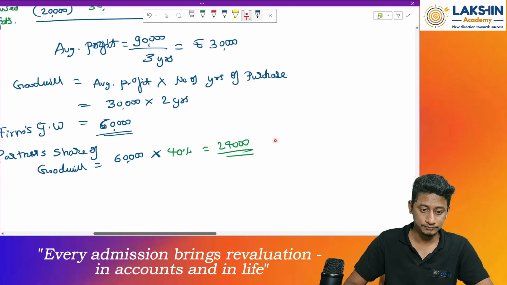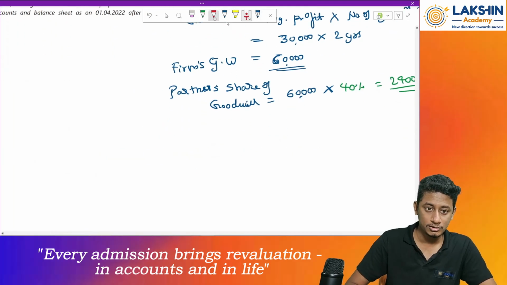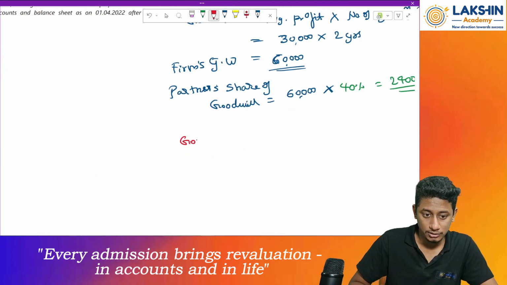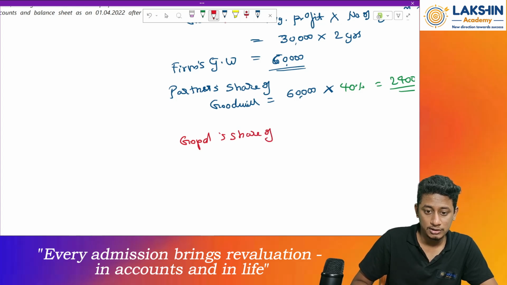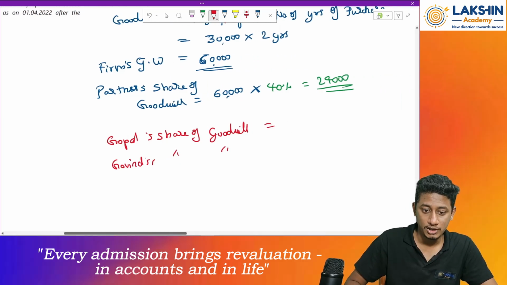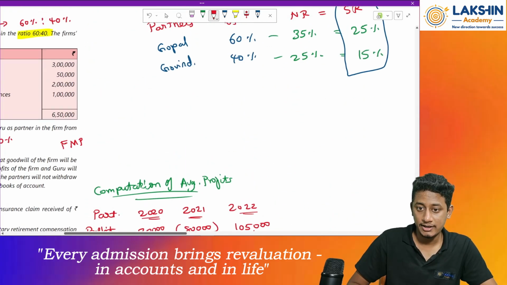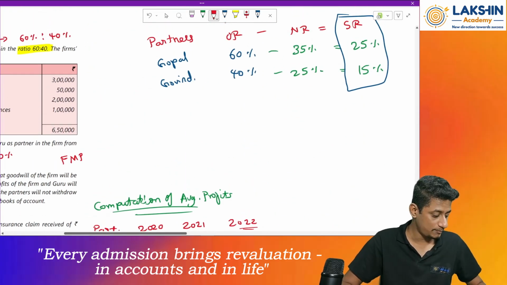So Gopal's share of goodwill and Govind's share of goodwill equals 24,000 into 25 by how much? 25 plus 15 is how much?